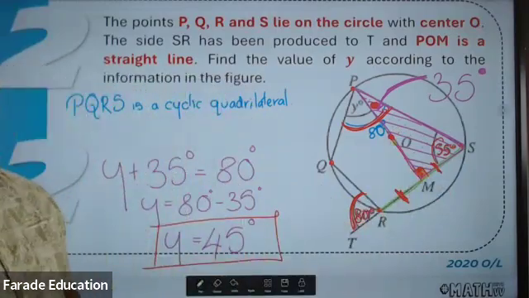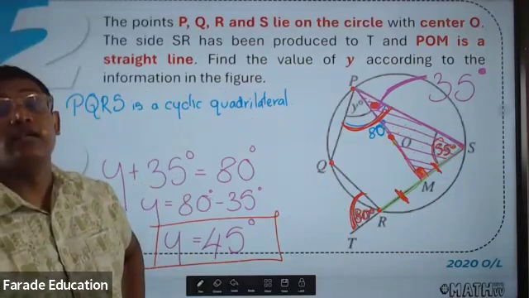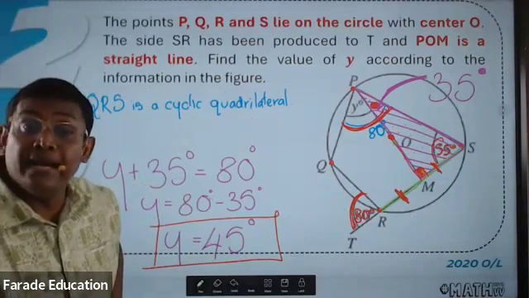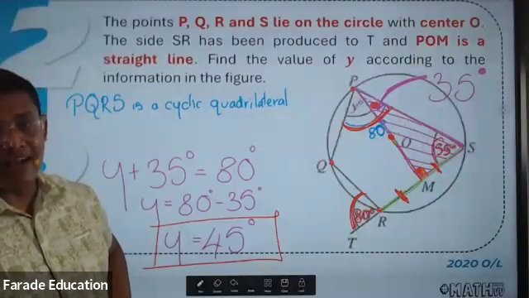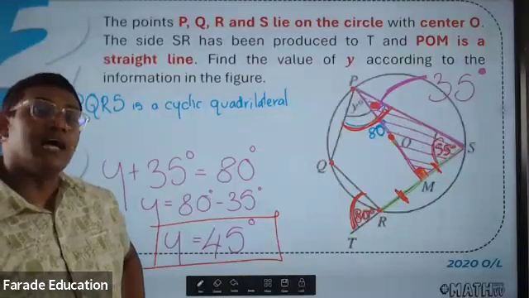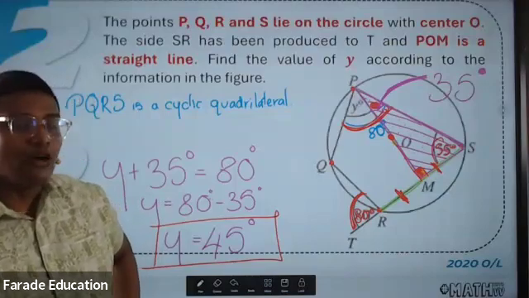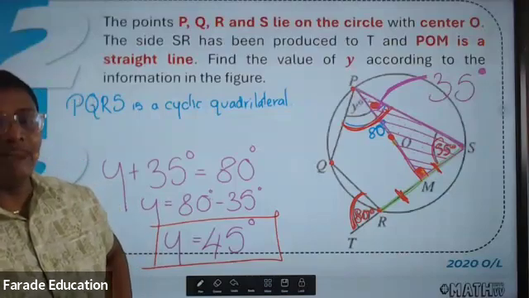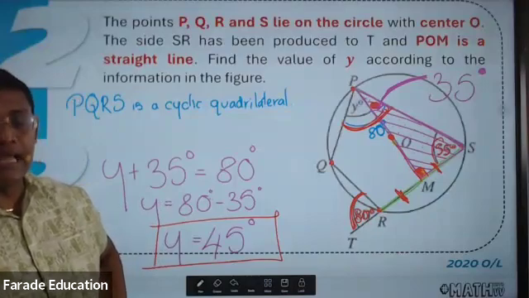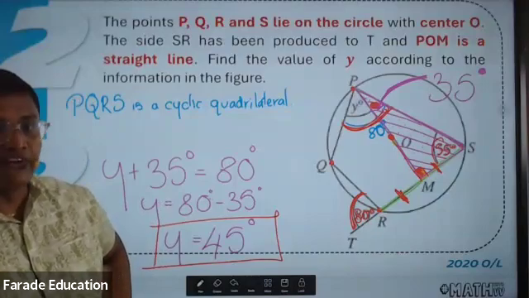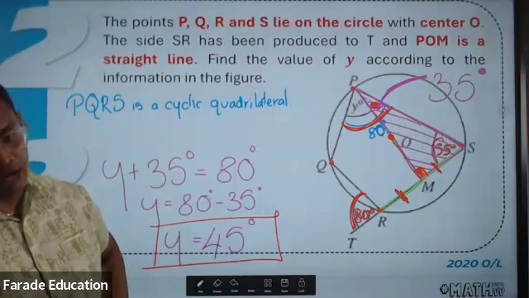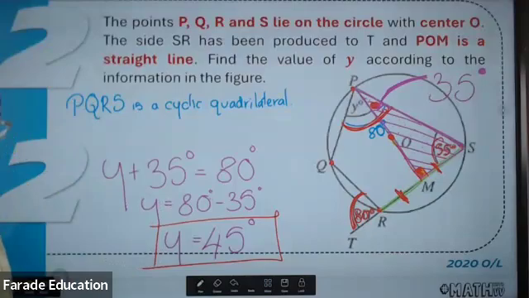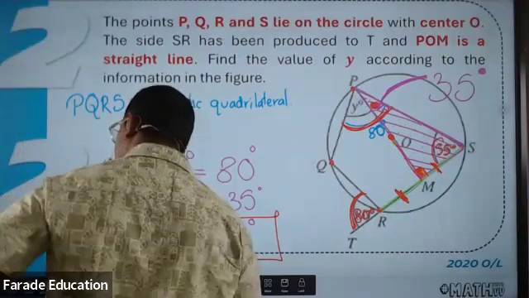Then I know the line connecting the center of a circle to the midpoint of a chord is perpendicular. That is a triangle. Total internal angle is 180 degrees. With 90, with 55, and the unknown, I can find the unknown. Unknown is 35. Y plus 35 is 80. So y is 45 degrees. Keep it simple. Done. The next one.